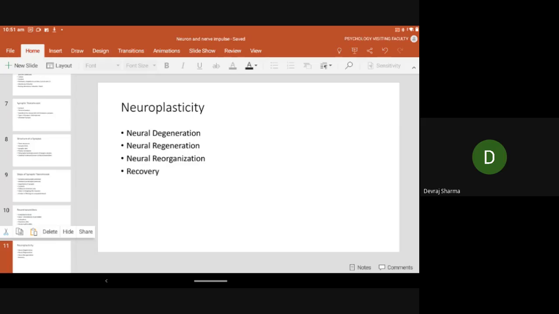Now, what is regeneration? Regeneration is another important part, that is neural regeneration. It is the regrowth of damaged neurons. Degeneration, you have known, is a kind of deterioration in two ways. Regeneration means the regrowth of the damaged neurons.